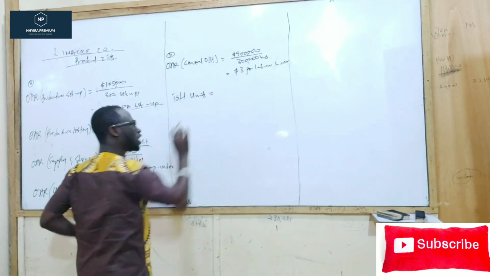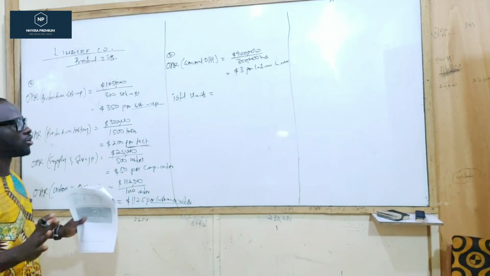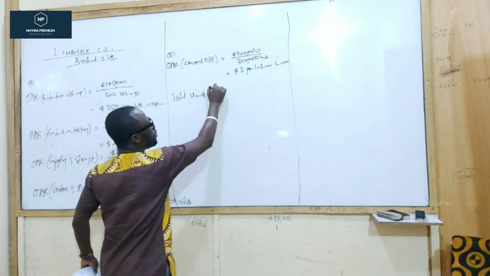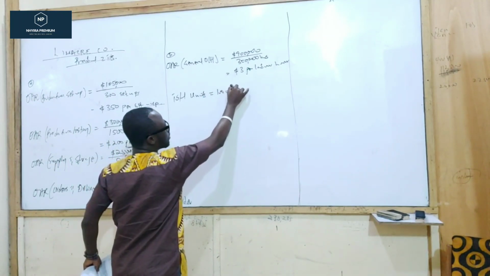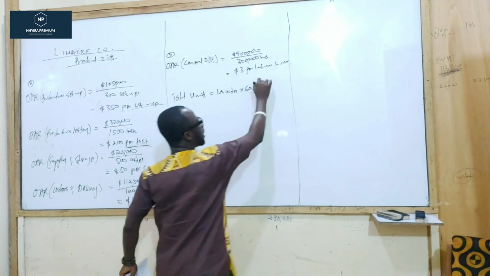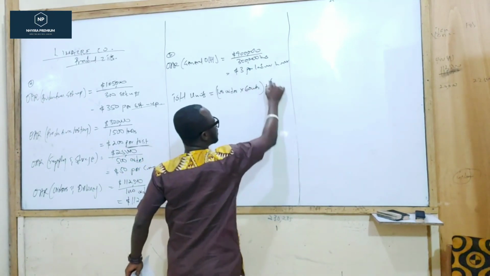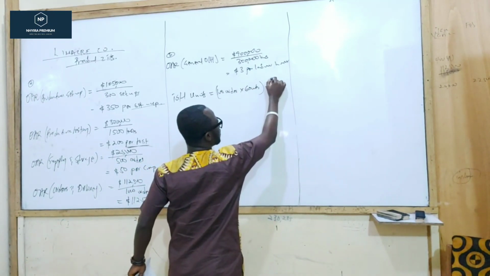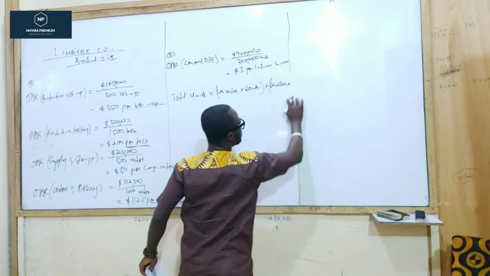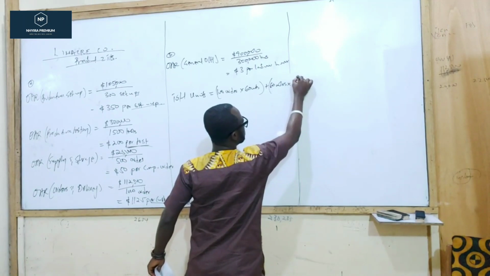I want you to stay with me. So the total units will be 100 orders times 60 units per order, and 60 orders times 50 units per order.